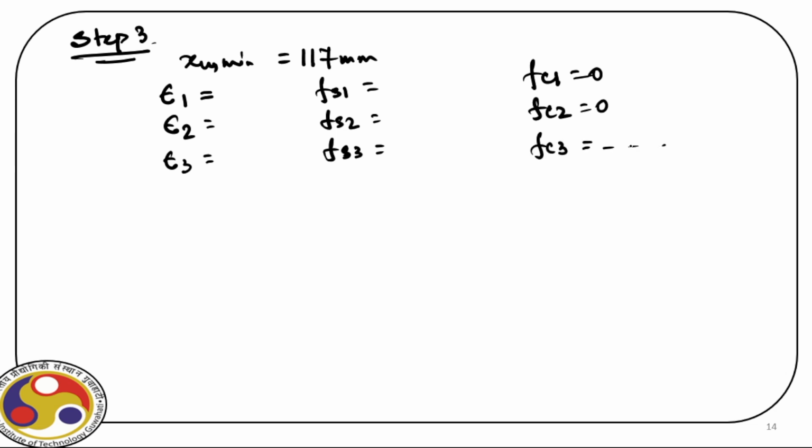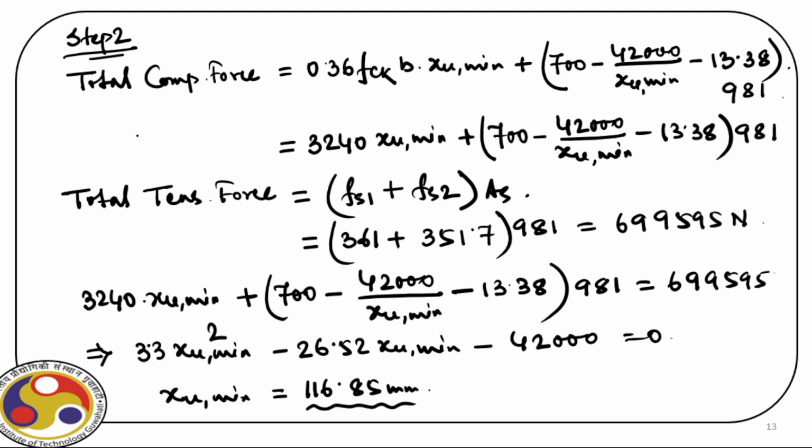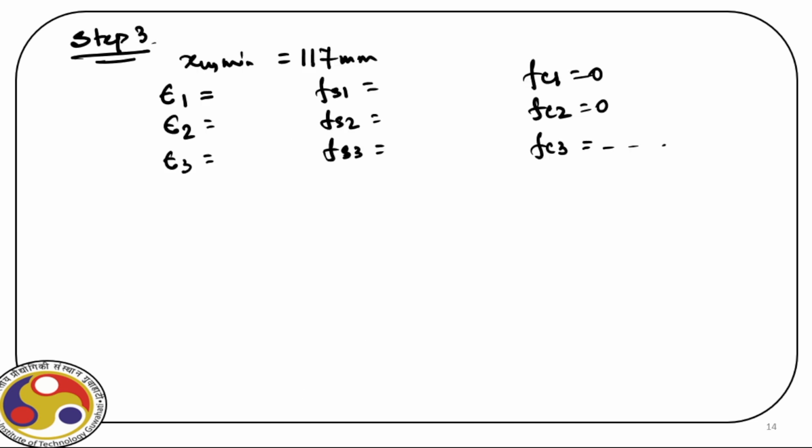This is 0.446 times FCK. Now based on that, again you have to develop the same equation where you have to find out total compressive force, total tensile force, and then equate them. You will again find out another value of XU minimum. And if you repeat that exercise, after second iteration you will get XU minimum as 118 millimeter, but still not converged.